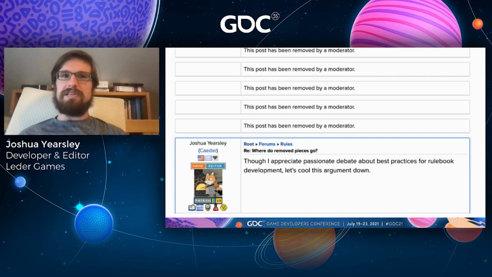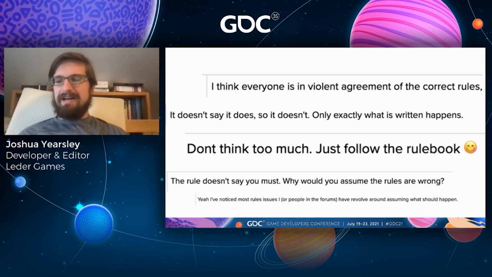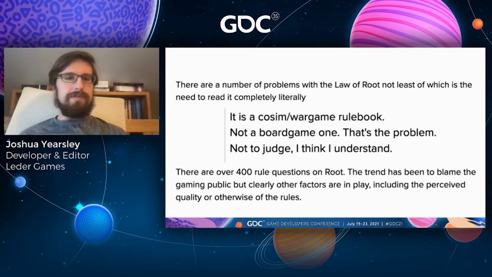Because basically what happened was people kind of sorted themselves into 2 camps. We have one camp that thought that this rulebook was great, that it read well, that the rules were clear. And then you had another group that thought the opposite, that just really, really did not like it.